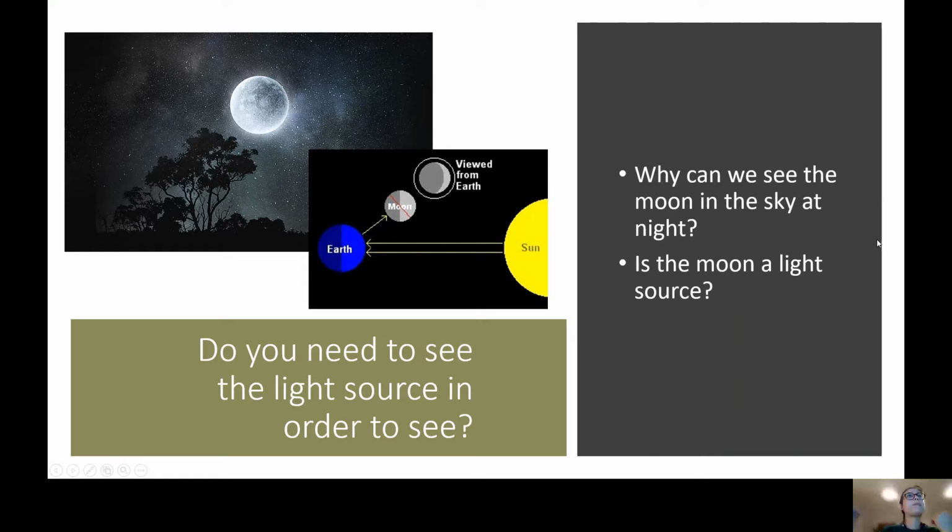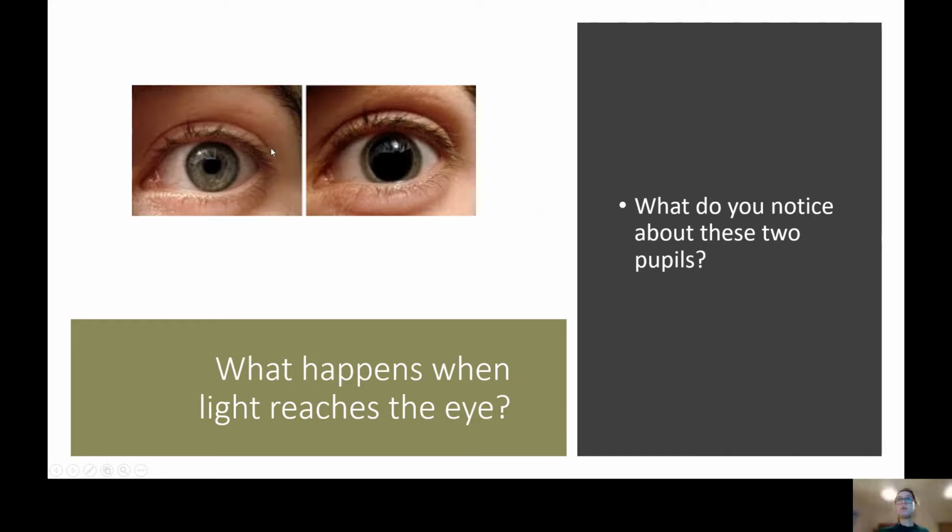Okay, what happens when light reaches the eye? What do you notice about these 2 pupils? Pause for a moment and think about it. Well, we can see that this pupil, the pupil, remember, is the black hole, is a lot bigger in this picture than in this one. I wonder why that might be.